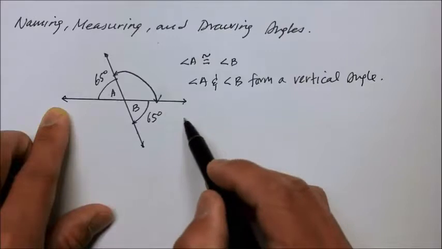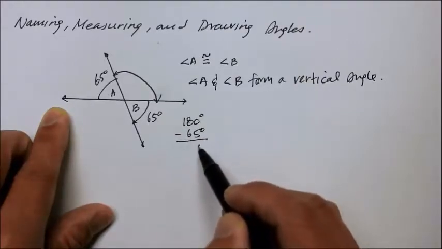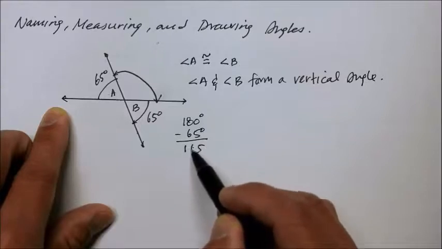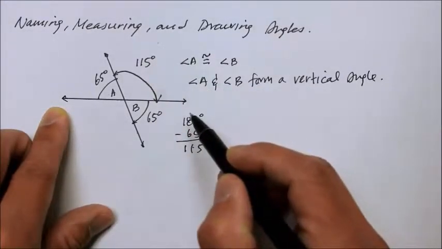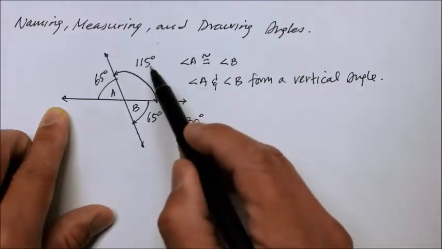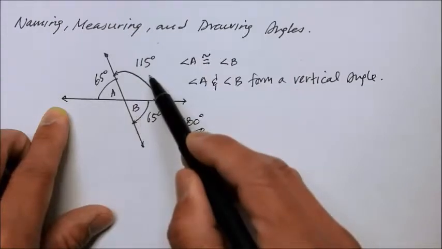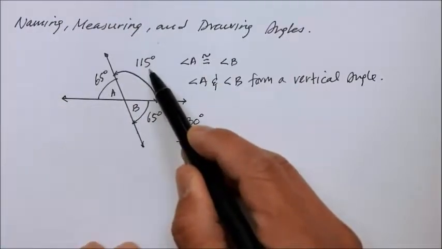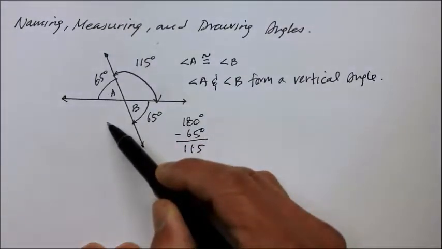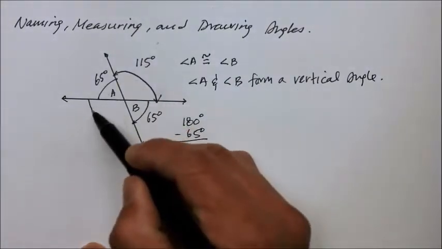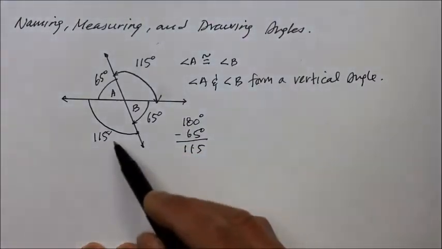Well, that'll be 180 minus 65. So that'll be 115 degrees. And that becomes a supplementary angle to the 65 degrees. And again, this 115 degrees is a vertical angle to its opposite side, sometimes known as the opposite angle. So then this also becomes 115 degrees. Kind of cool, huh?